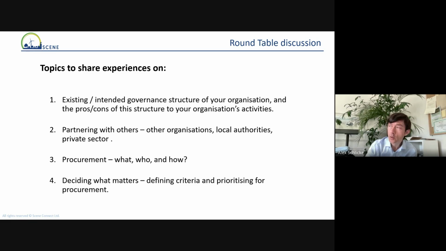I guess there are two ways of approaching this, and both have quite long track records. First is the developer-led approach. This has happened a lot for onshore wind in Scotland, where a developer wants to build a wind farm, recognizes that the community might not be so keen on it, and offers up a community share in it. Then there becomes a partnership between the developer as the senior partner and the community as a part owner.